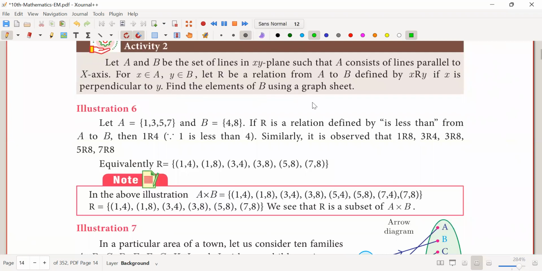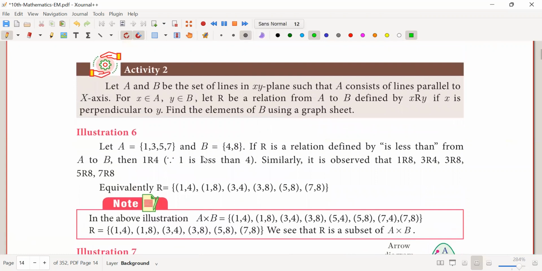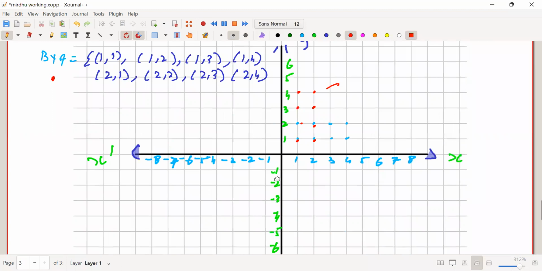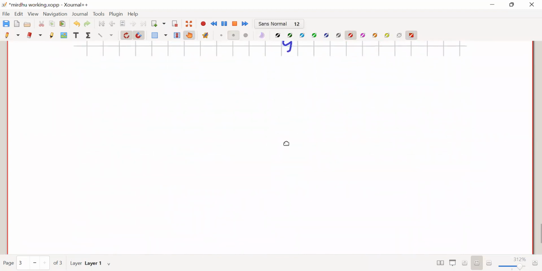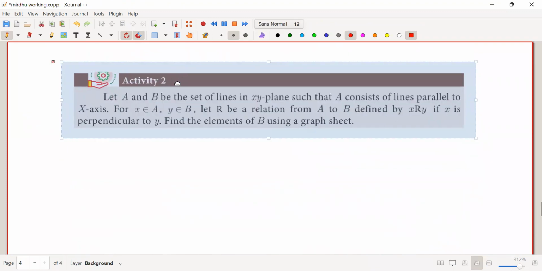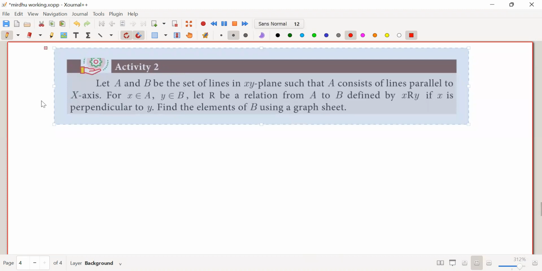Find the elements of B using the graph sheet. A lot of schools won't be working on this at all. Don't worry, definitely you have to work on it. Go to the next page itself for this. We have to put a graph sheet also here.